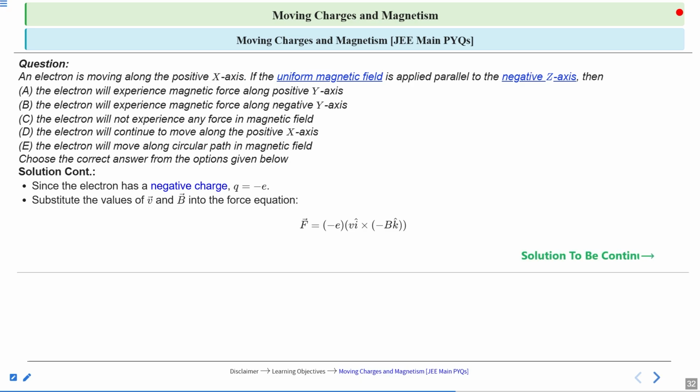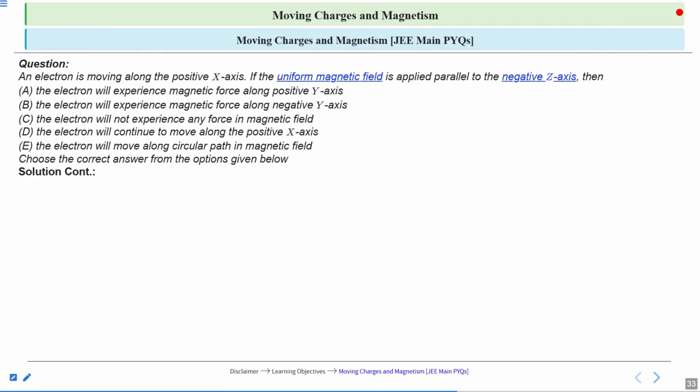There are 2 minus signs in the equation, so it will result in F equal to minus E, and V and B are magnitudes, so they will come out of the cross product. So, minus E times minus VB.